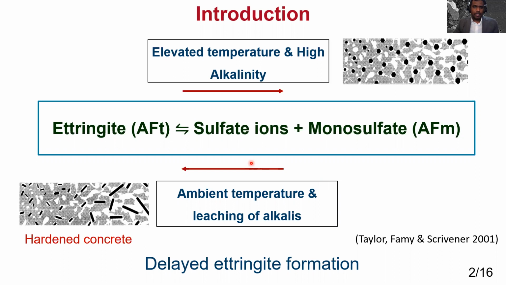At a later stage of hydration, these sulfate ions will react with monosulfate and form ettringite back in the system. Since this precipitation is occurring in a very confined space, it may lead to expansion and cracks, which may affect the durability of concrete.